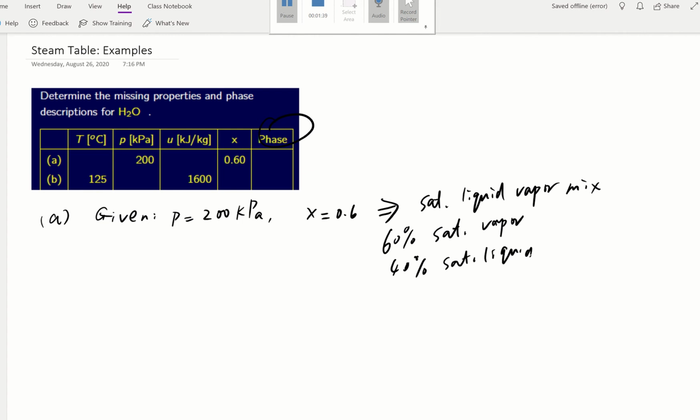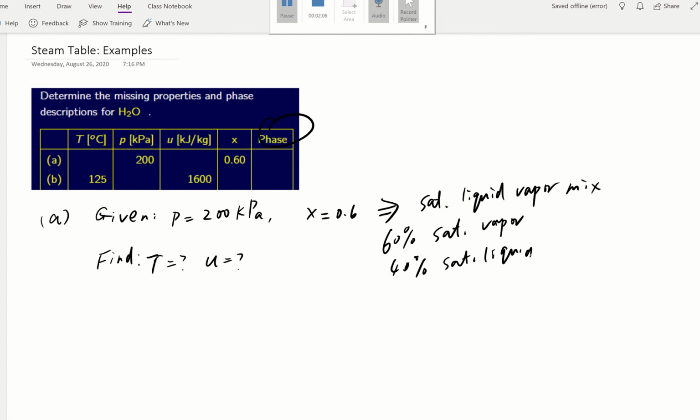Okay. Then how do we solve? We need to find the temperature in this problem, right? We also need to find the internal energy for this problem. How do we go about it? You are given two properties, pressure and quality. What steam table should we go to?